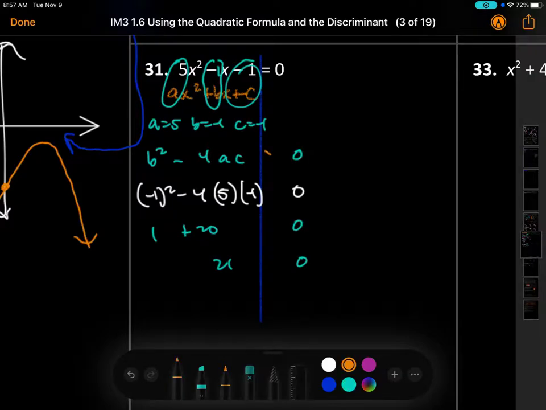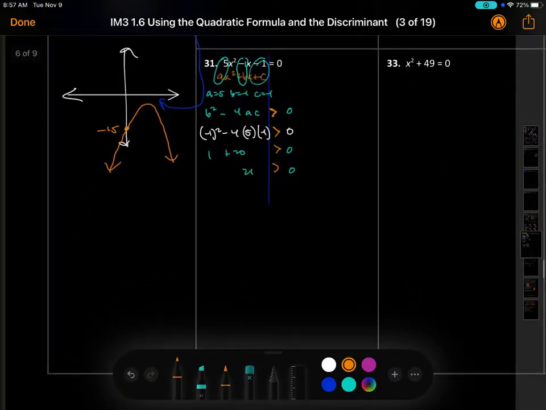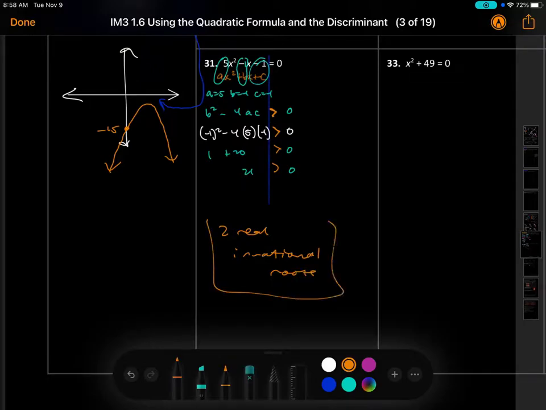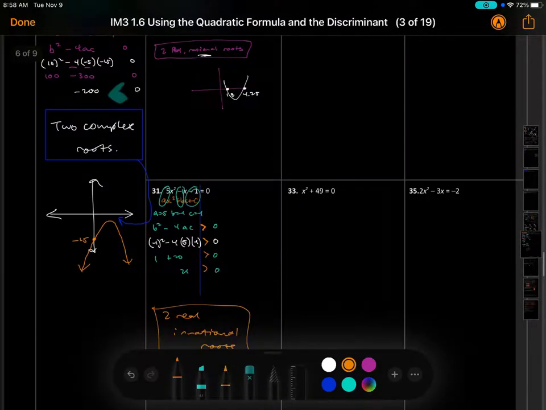What inequality can we do there? That's going to be a greater than. And if it's greater, then same thing, and it's not a perfect square, two real irrational roots. I was wrong in the last one.